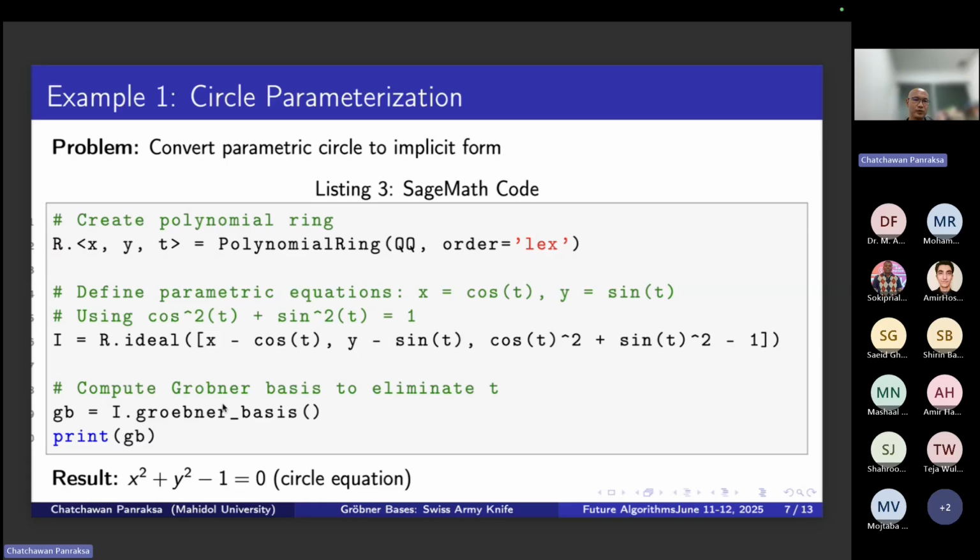It will show you one polynomial that gets rid of the t, or the desired variables that you want to get rid of, if it succeeds. For example, it's going to show you x squared plus y squared minus 1 equal to 0. So this can be used to solve the trig identity as well. You can play with even more exotic trig identities. Of course, this is quite a trivial example.